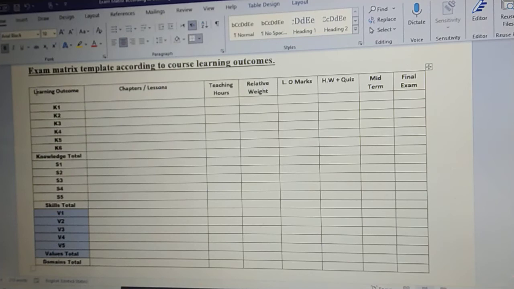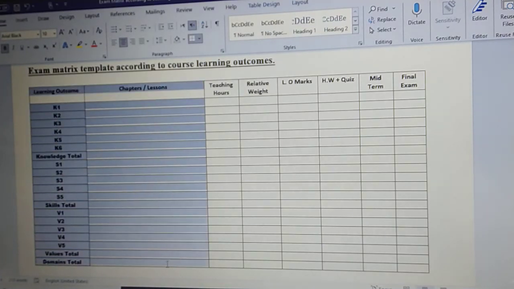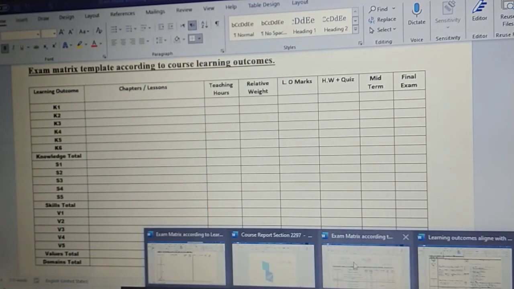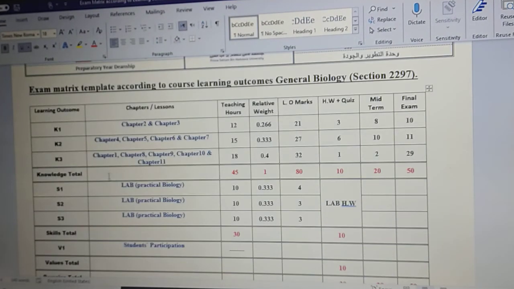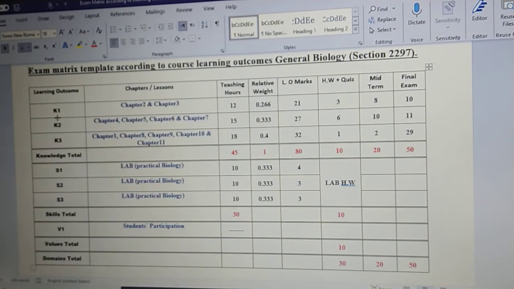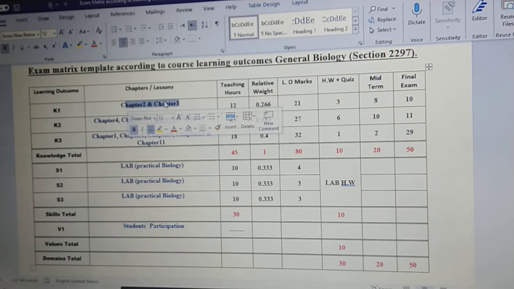We just fill it in this template, the exam matrix template. For example, in the biology course, K1, the first learning outcome in the knowledge, is aligned with chapter 2 and chapter 3 in the biology course.